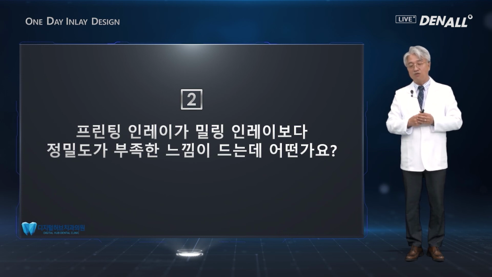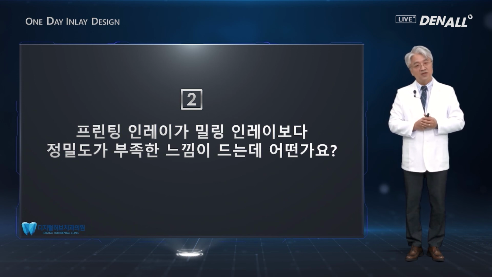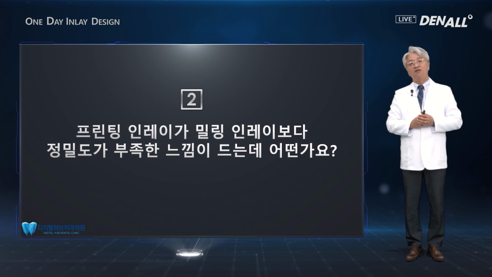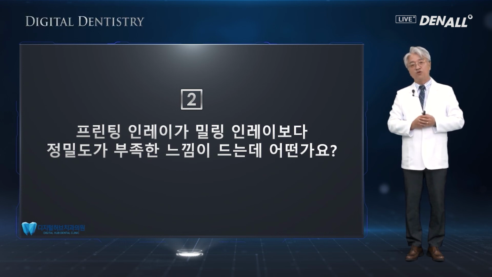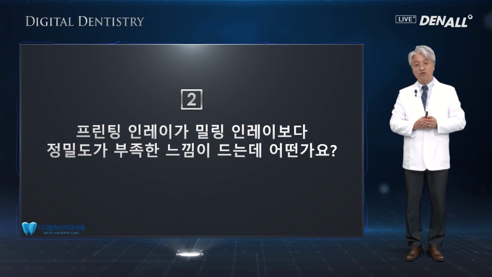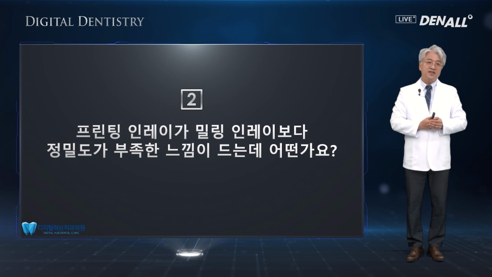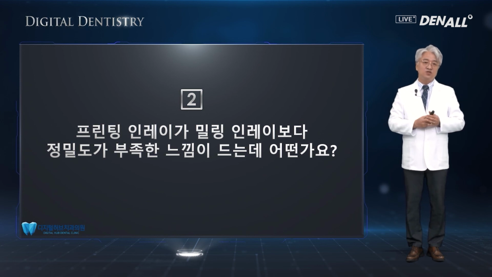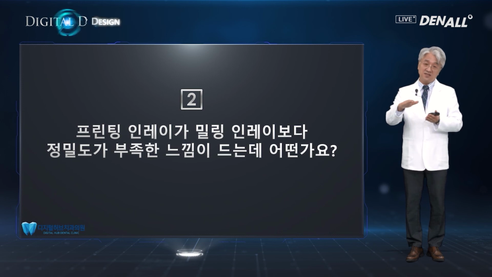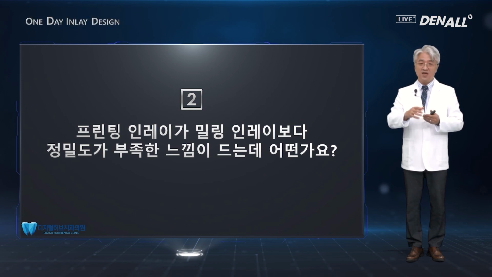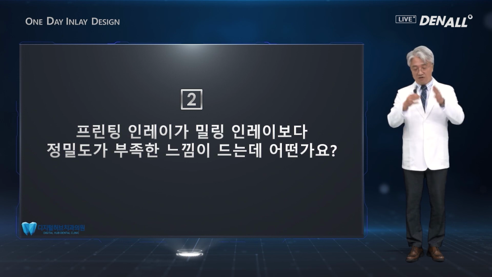The printed denture versus the milled denture, if you compare the fit and others, the milled denture is better. But compared to what you create with your hands, the printing inlay, I believe, is better. But still, printing inlay comes with other advantages. Mass production is possible, and the production cost is also low, and the time compared to milling is also shorter.